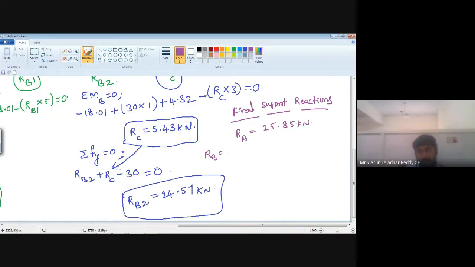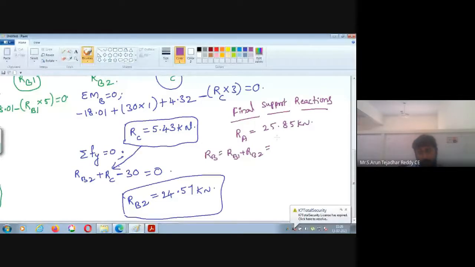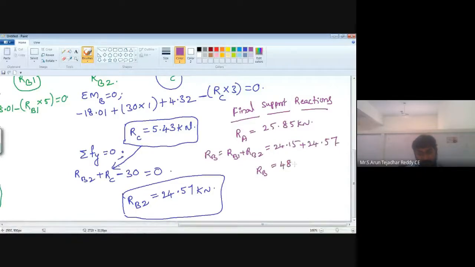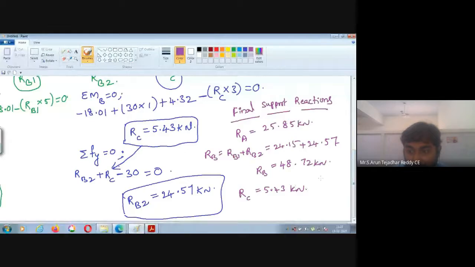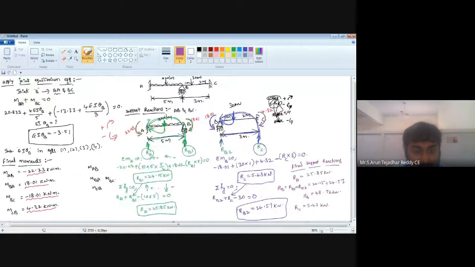But in RB, we have RB1 plus RB2, where RB1 is 24.15 plus 24.57. Now total RB is 48.72 kilonewton. And we have a single RC, no problem, that is 5.43 kilonewton. So this is our final support reactions. All of you complete up to here.